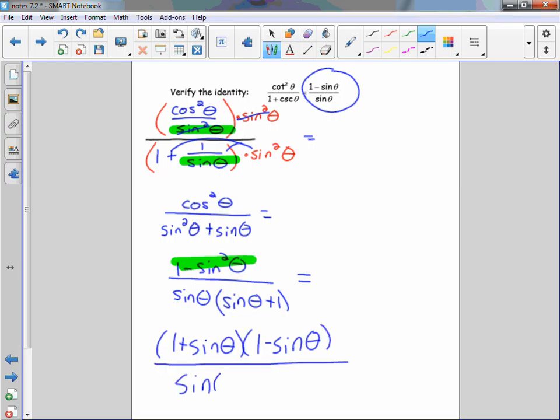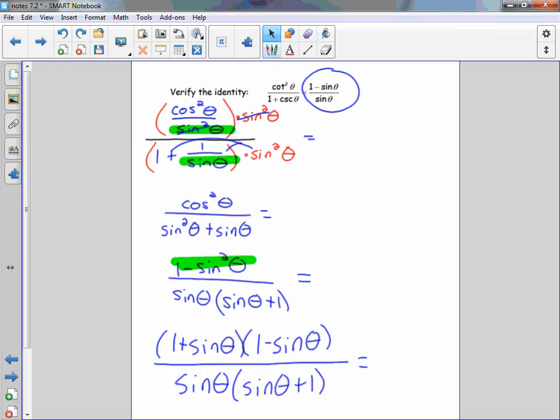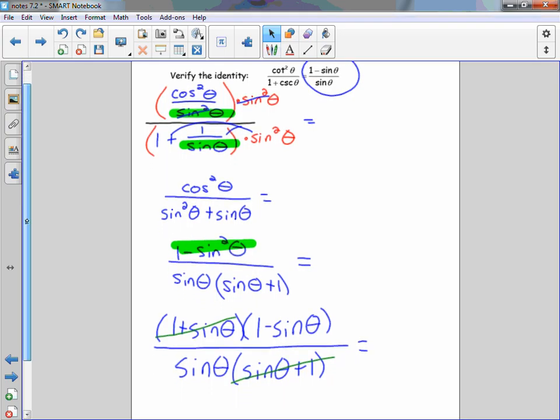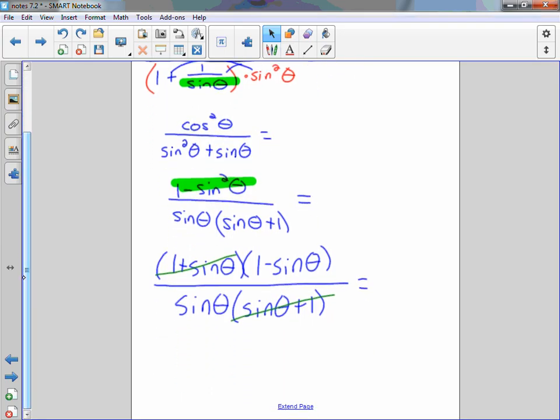And when we do that, we will have identical binomials in our numerator and denominator. This and that portion are the same. Remember, addition is commutative, so the fact that they're written in a different order doesn't matter. And we can see there that the left side is now the same as the right side, right? So that identity is verified.